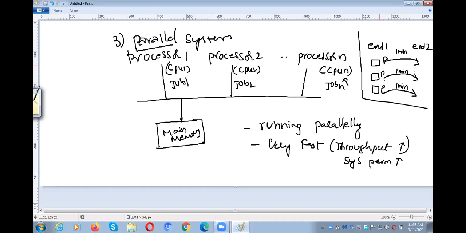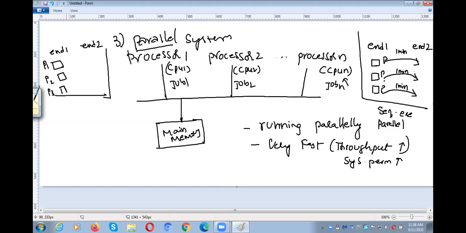This is called sequential execution, one after the other. What is parallel execution? See here, this is end 1 and this is end 2. There are 3 persons now, P1, P2, P3. Each can carry 10 kg of sugar, as I told you earlier.